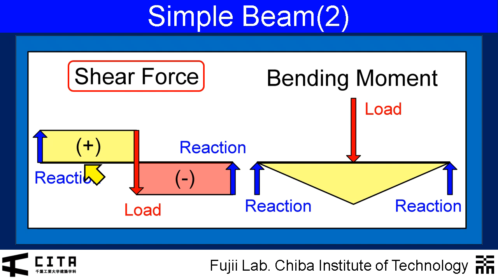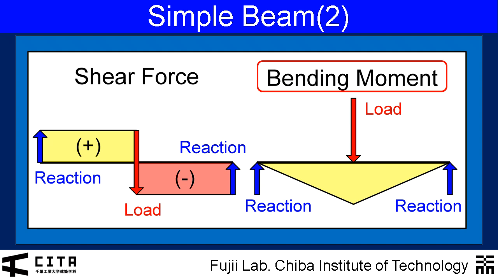Its magnitude is equal to the reaction force at the left support. Then, due to the external load applied at the center of the beam, the right half of the beam has a negative shear force. Its magnitude is equal to the reaction force at the right support.